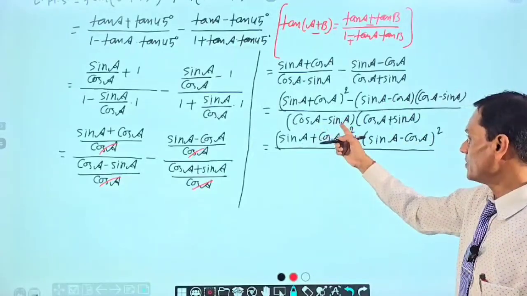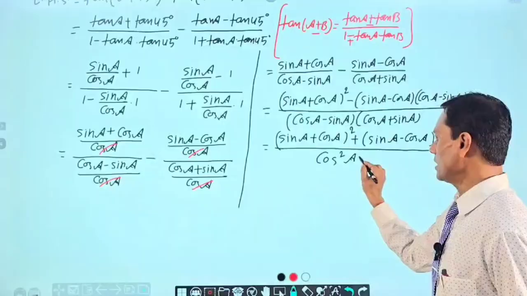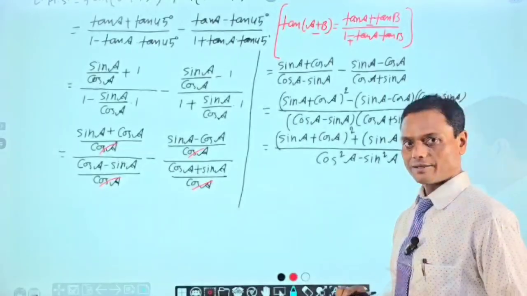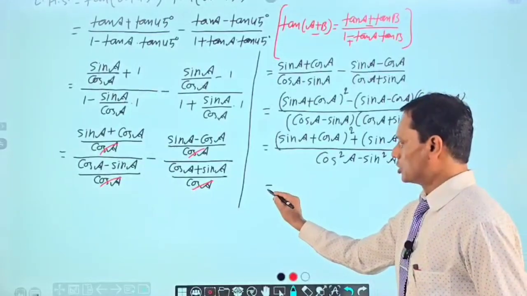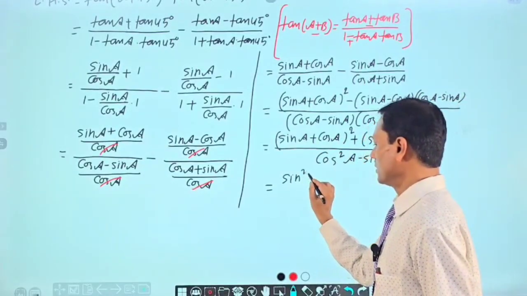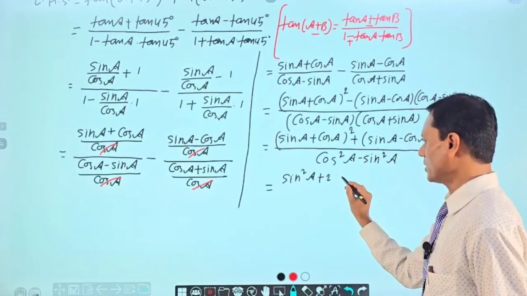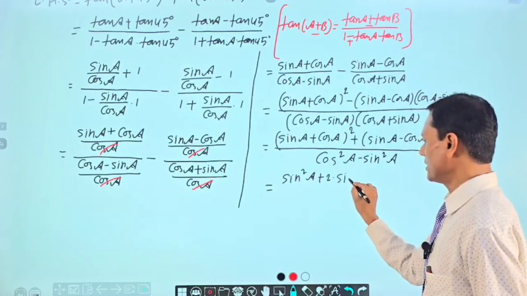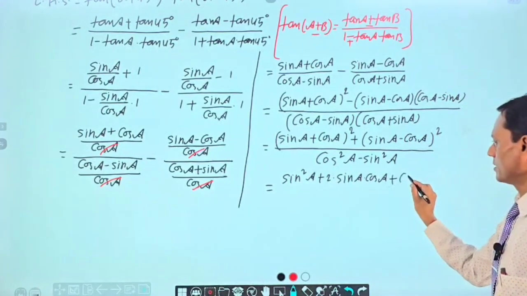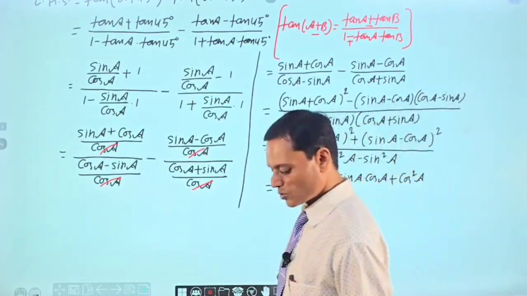And here, A minus B into A plus B gives us cos square A minus sin square A. Right? So here, A plus B whole square, what can we write here? Sin square A plus 2 sin A cos A plus cos square A. A plus B whole square means A square plus 2AB plus B square, isn't it?